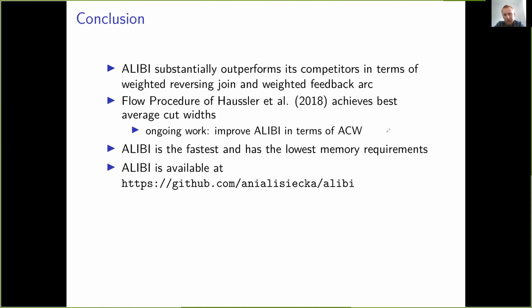It seems that after applying a small modification, we can have average cut width similar to the flow procedure, and the other parameters won't significantly change. And I hope it will be implemented and submitted to GitHub in a few weeks.